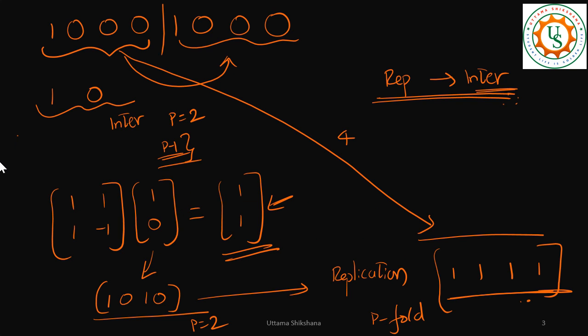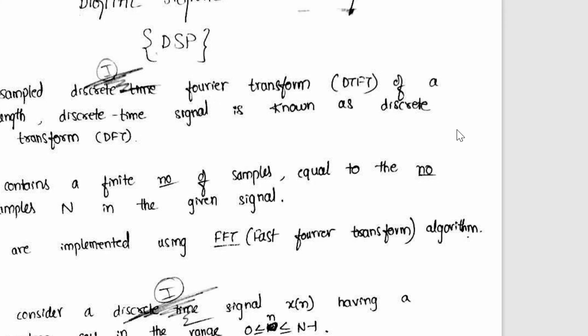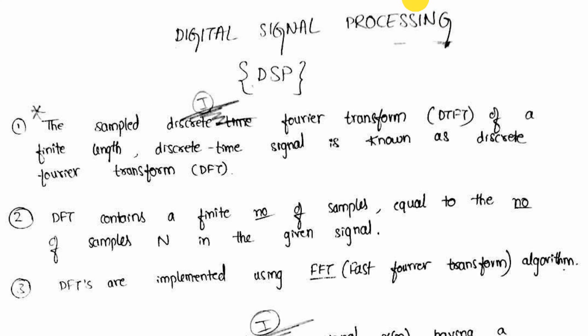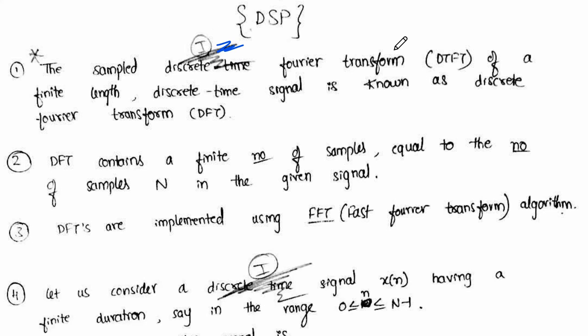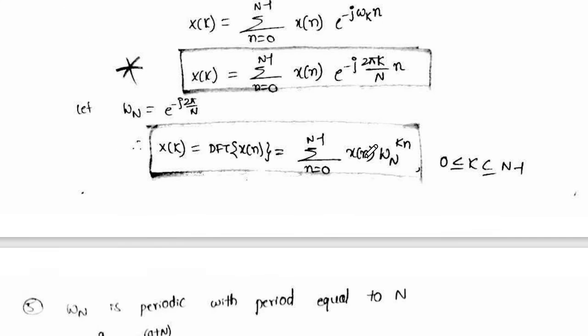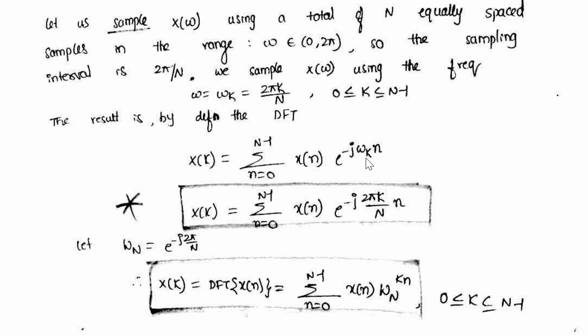Now I will mention where these formulas are present. I have already uploaded my short notes related to DSP. Wherever I have marked it with a high, all of those are important for interviews. In the previous video I was also talking about DFT equations, and they are captured over here.